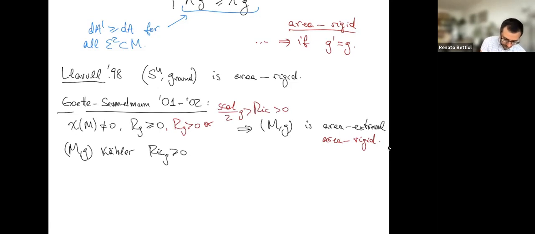So under those assumptions, you get area rigidity. In the Kähler case, you just need strictly positive Ricci curvature, then you get area rigidity. So in both of these cases, you can promote area-extremality to area rigidity by adding this extra stuff in red in each of the two.